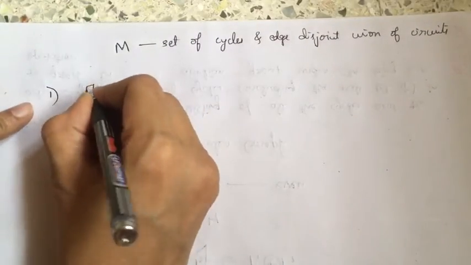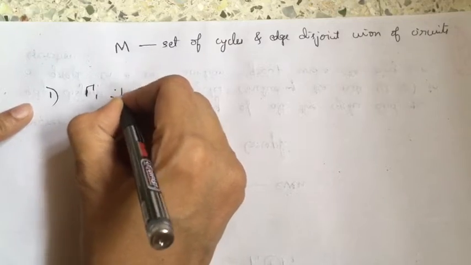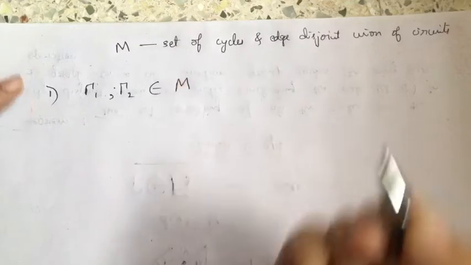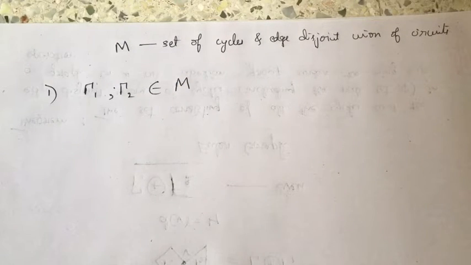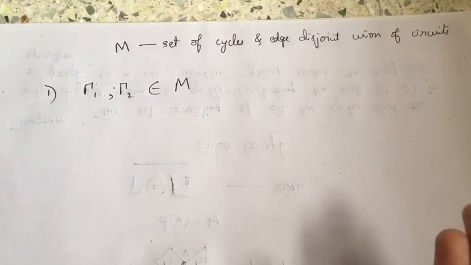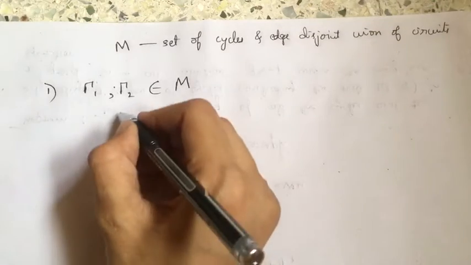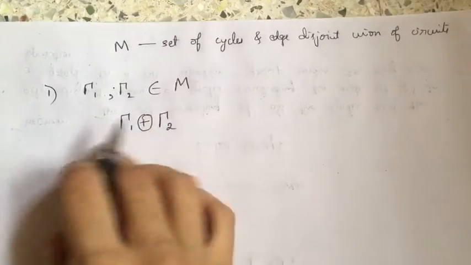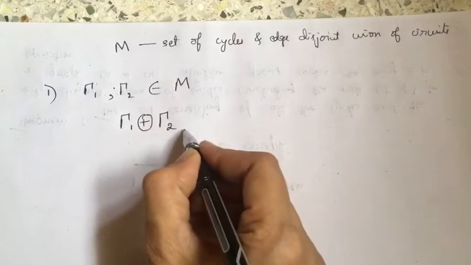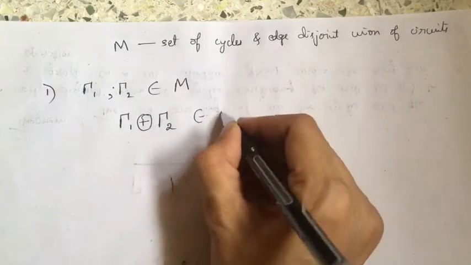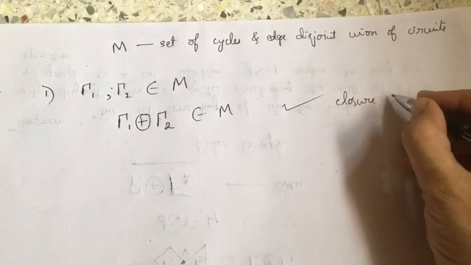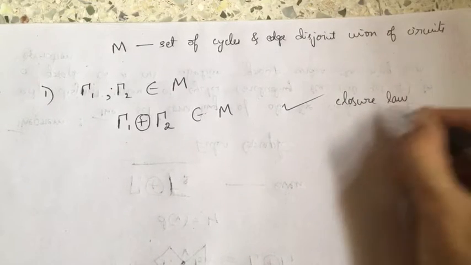If gamma 1 and gamma 2 are two circuits in my set M, then we know that ring sum of any two circuits is either a circuit or an edge disjoint union of circuits. So what happens when I take ring sum of gamma 1 and gamma 2? Of course it is a circuit only, therefore it should be in M. So closure law holds good.